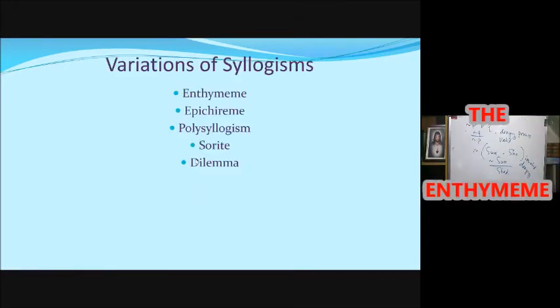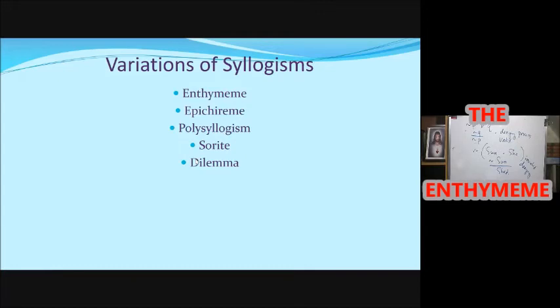Okay, the next topic will be one of the variations of syllogisms. The standard forms of the syllogism are the two general types, namely the categorical syllogism and the hypothetical syllogism.